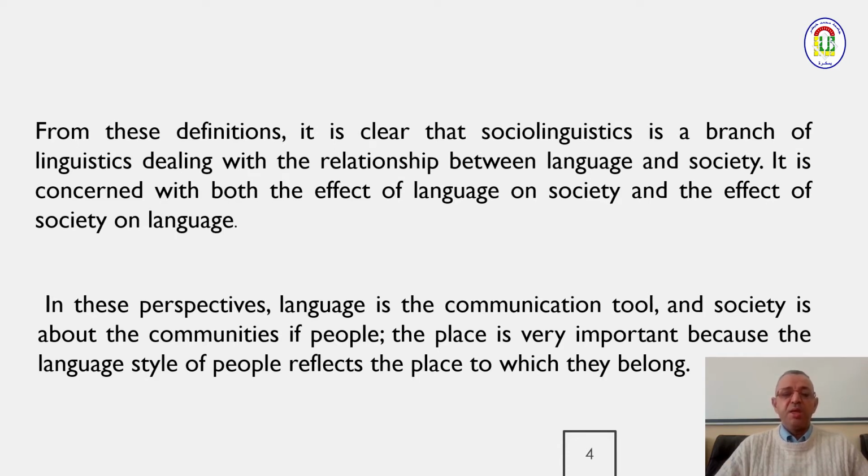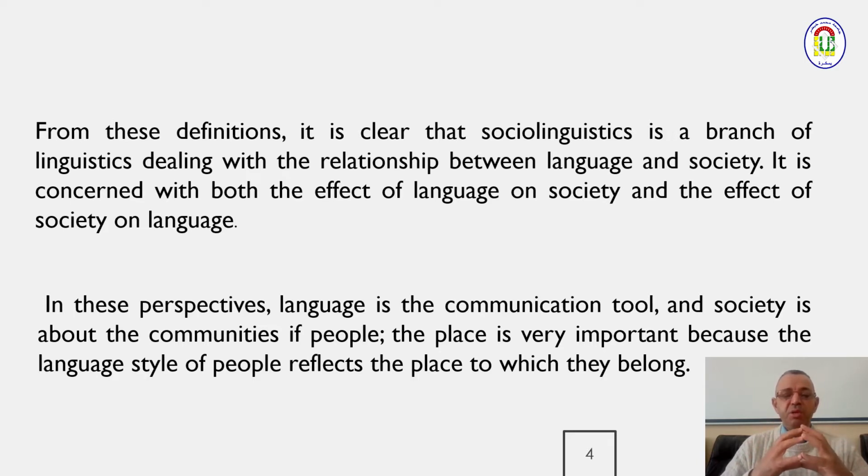Here we can say that social linguistics is a branch of linguistics, and fundamentally it is a branch of macro social linguistics. Let's define macro social linguistics. To understand better what we mean by macro social linguistics, we have to compare it to micro social linguistics. With micro social linguistics, the concern is with the internal description of language. That is, we describe language from inside.